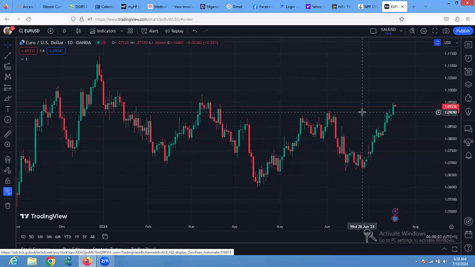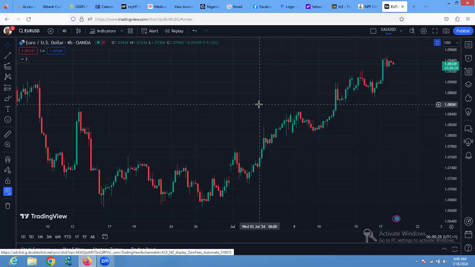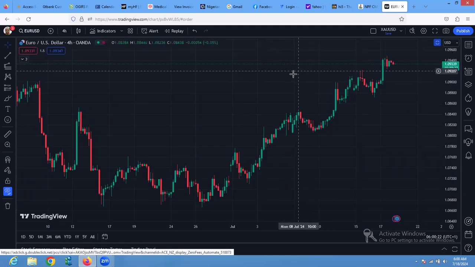So not until we see RSI telling us there is a divergence that we say, okay, we are correcting B at least. On the 4-hour time frame, it's going to tell us the level that we begin to see the price.